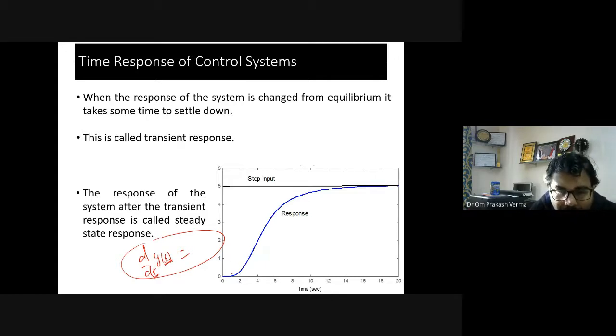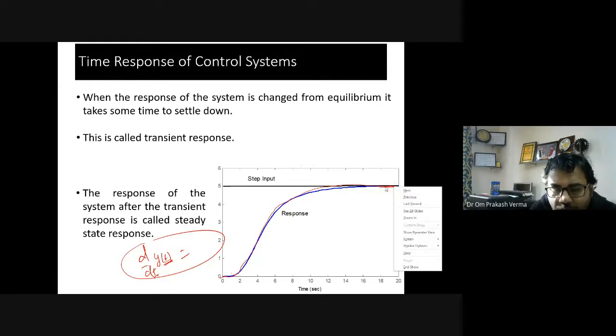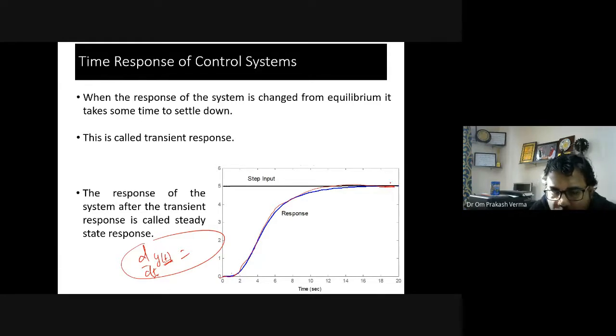Okay, and therefore if it starts from the 0 point, then it will take some time in order to achieve the equilibrium point or the settled final value. So for this settling period, this period is the transient time. Transient time इसको कहेंगे, ठीक है, जब तक कि सेटल नहीं हो जाता.